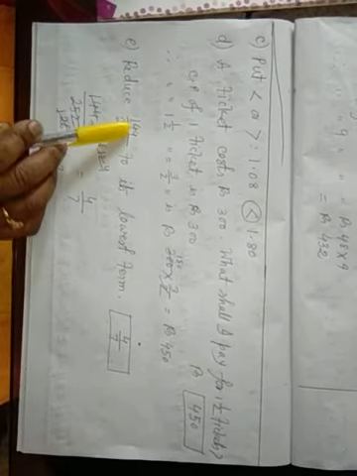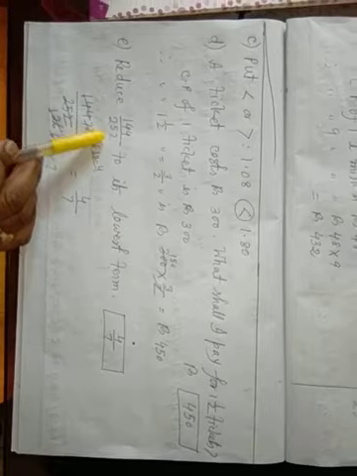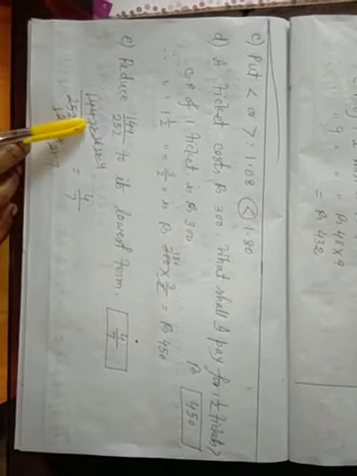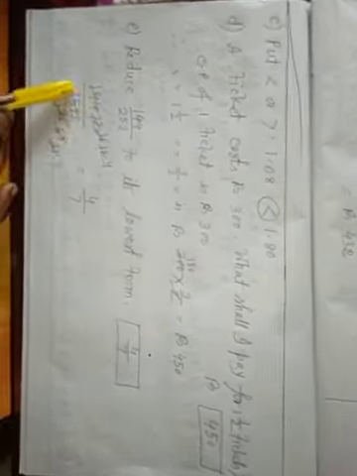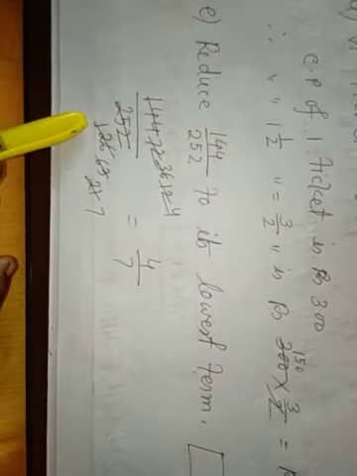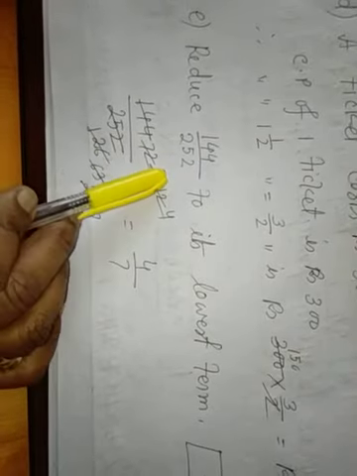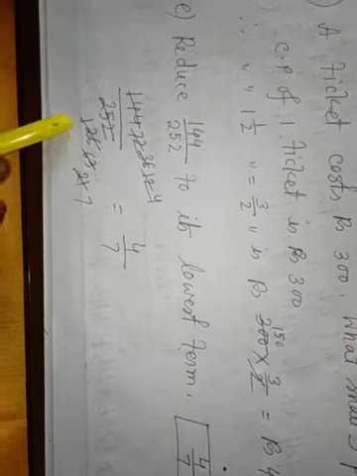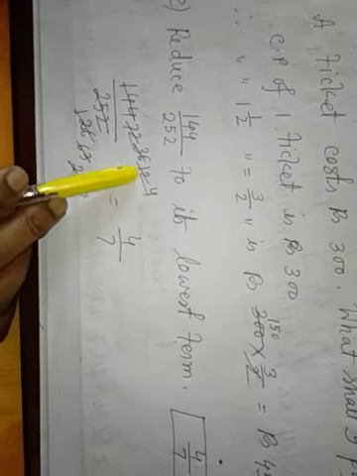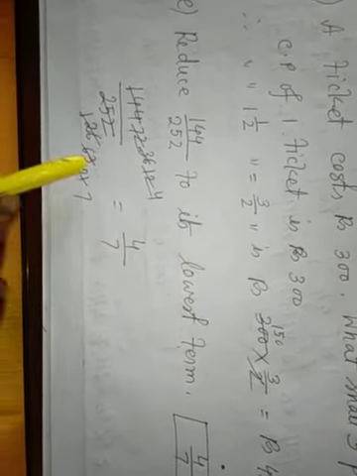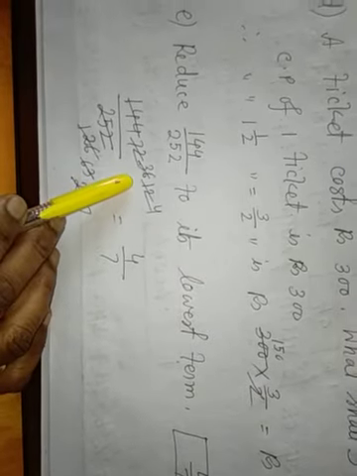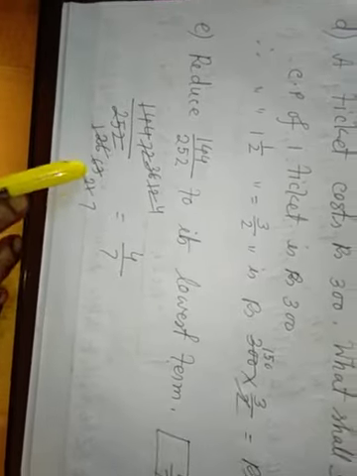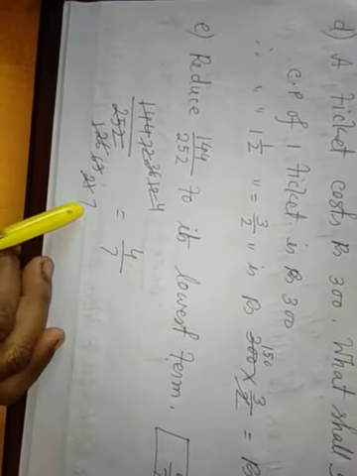E, reduce 144 by 252 to its lowest term. 144 by 252, 2 से काट दिया 72, 2 से काट दिया 126, 36 by 63, then 3 4 ja 12, 3 7 ja 21.